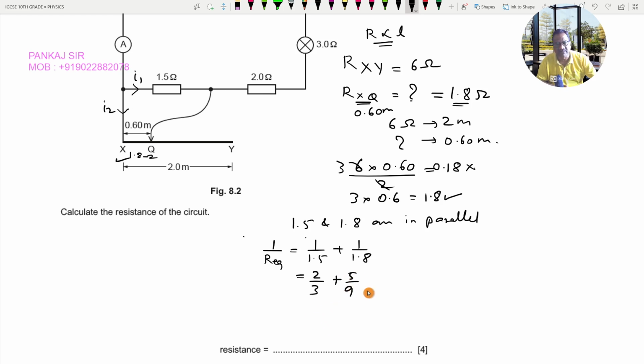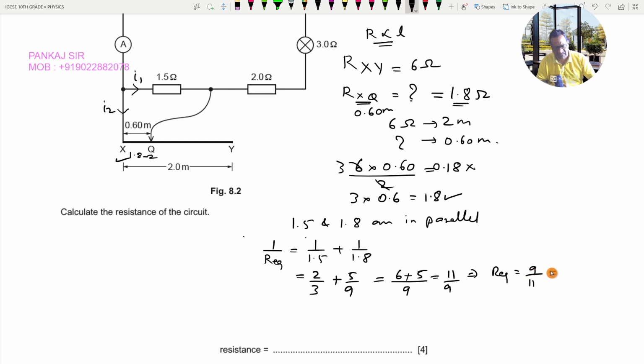So let us work this out. 9 and 3, so the LCM will be 9. 3 into 3 is 9, so 3 twos are 6. This is 9 into 1 is 9, so 5 ones are 5. So this works out to 11 upon 9. This means that R equivalent will be equal to 9 upon 11, isn't it?